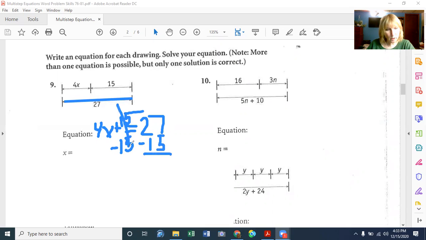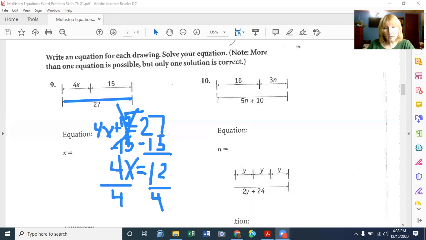These 15s will cross off, leaving me with just 4x on the left equals, I do the math, 27 minus 15 is 12. Last step, divide left and right side by the 4 to get the x by itself. The 4's will then cross off, and I'll be left with x equals 12 divided by 4, or 3.